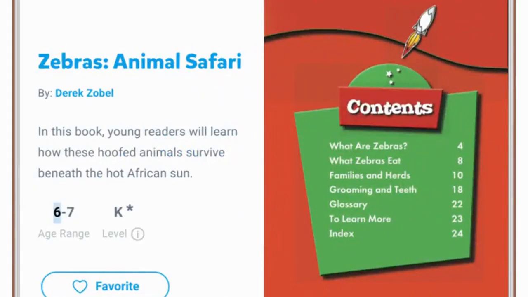Let's say your question is, what do zebras eat? You do not have to read this whole book to find the answer to your question. You can go right to the chapter, What Zebras Eat, found on page 8, and read those pages to get information about what zebras eat. Let's try it.